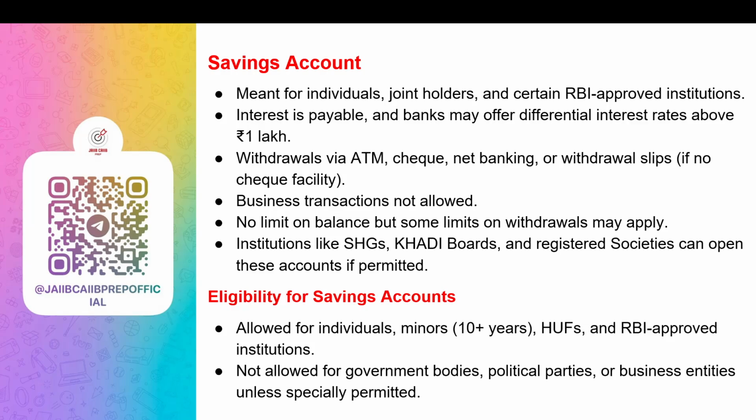Earlier, it was controlled by RBI, but later on, RBI deregulated it, and it is up to the banks to decide what interest rate they want to offer. But again, up to 1 lakh rupees, same interest rate applies for all. Above 1 lakh, bank may offer different rates, but not discriminate between customers with the same amount on the same date. Now, who can open a savings account?